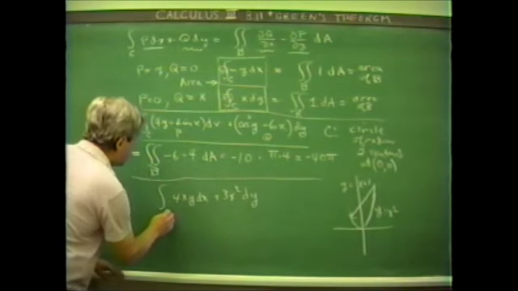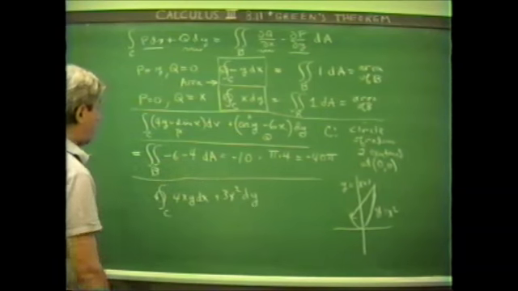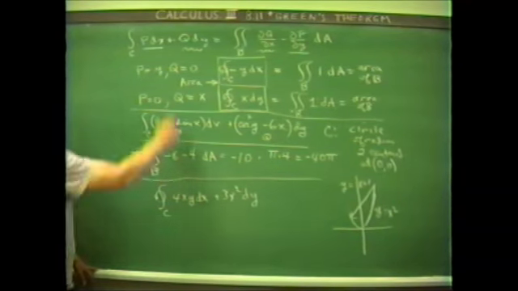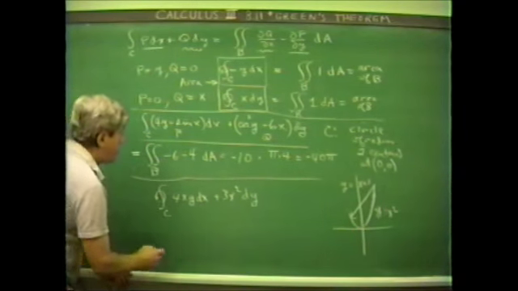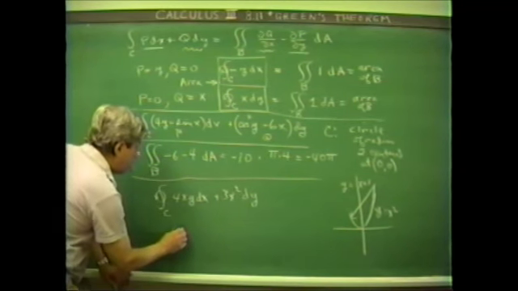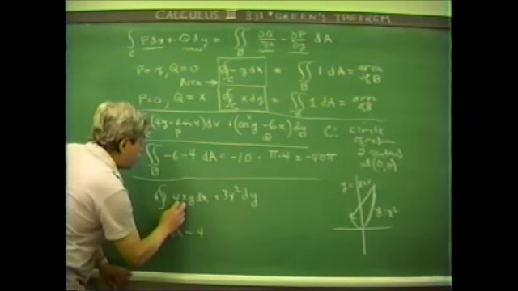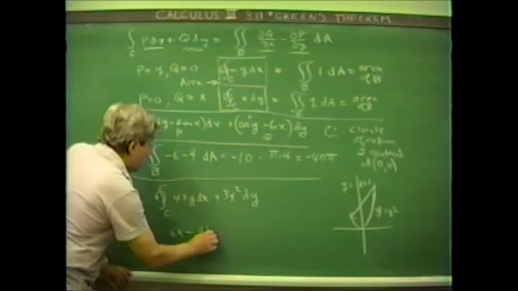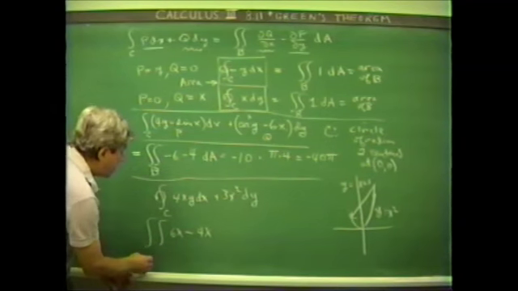We want to find the integral around the curve here of 4xy dx plus 3x squared dy. Well, that's P dx plus Q dy. So we want to take the partial of Q with respect to x. That's going to be 6x minus the partial of P with respect to y, that's going to be 4x. We want to look at the double integral over this region.